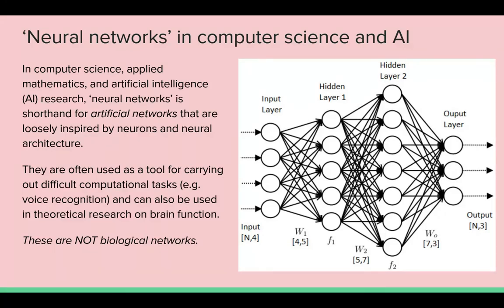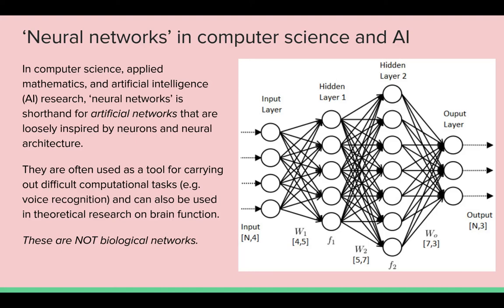All right, now just one very quick aside on this topic of neural networks. You may have heard this term, neural networks, used in the context of computer science or artificial intelligence. In computer science and in AI, neural networks is a shorthand term for artificial networks that are very loosely inspired by neurons and neural architecture, but it doesn't refer to biological networks.